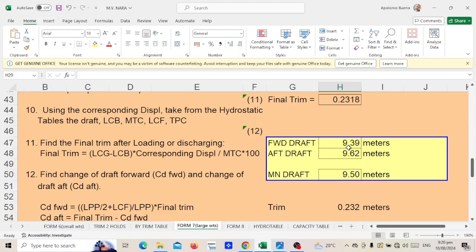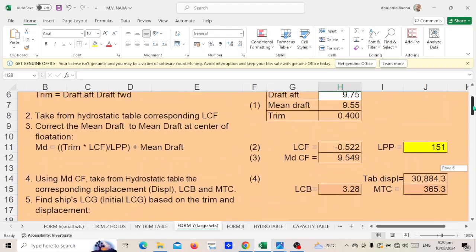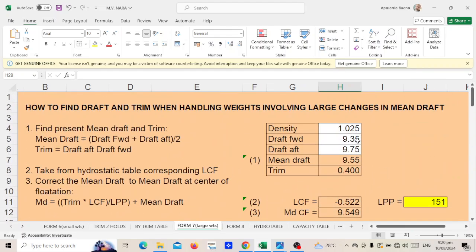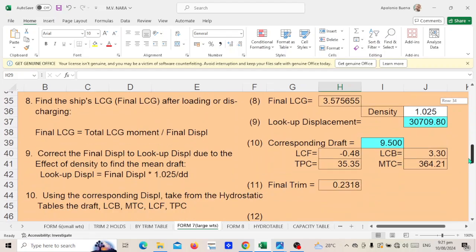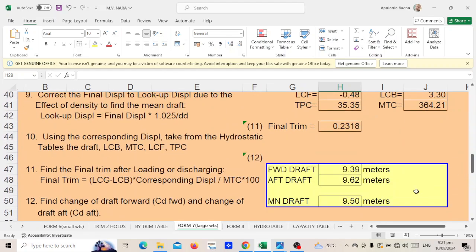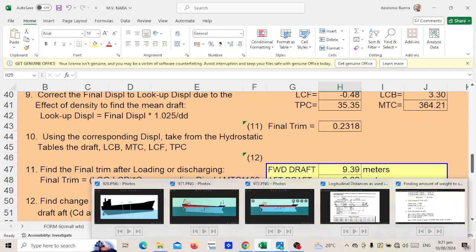Observe the draft now is different. Forward draft is now 9.39 while the initial draft was 9.35. I will explain it to you guys.